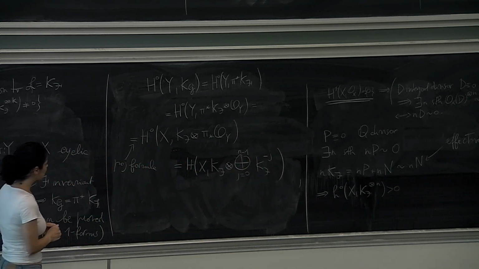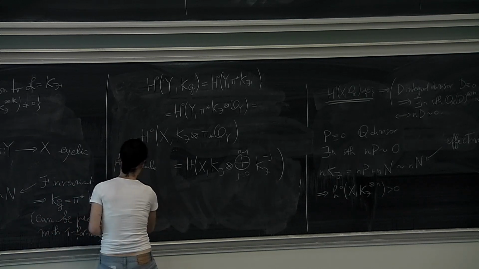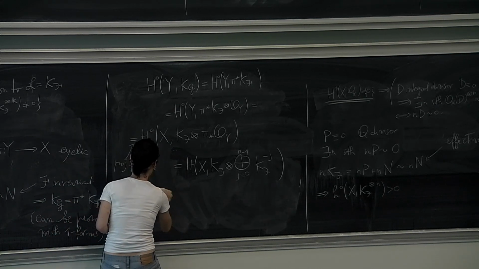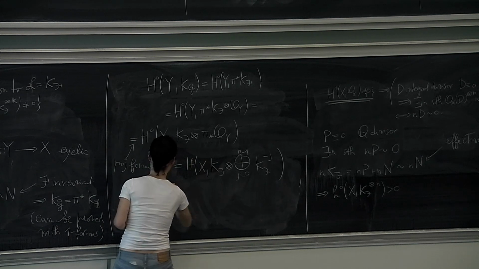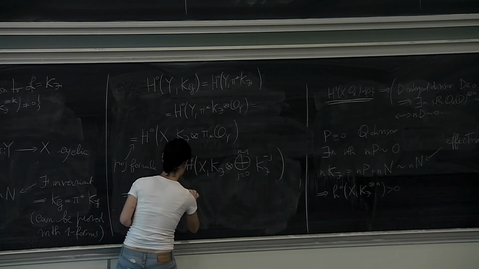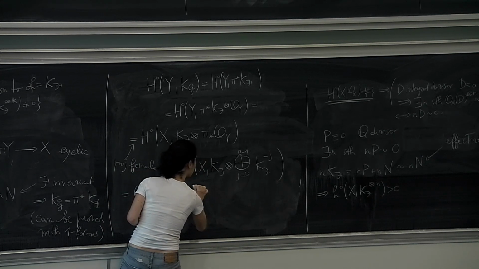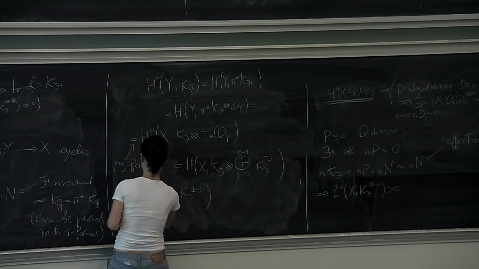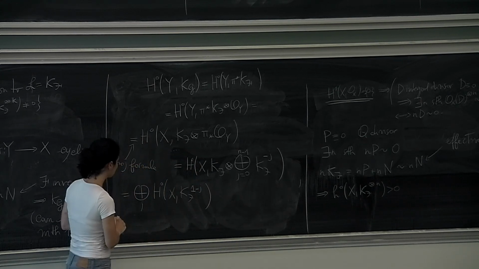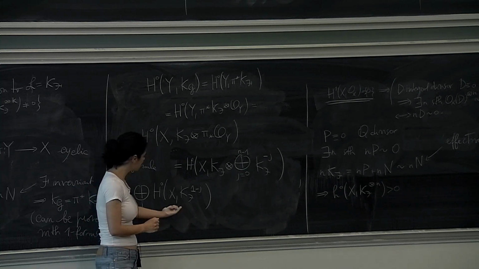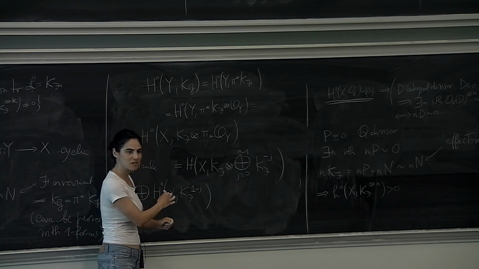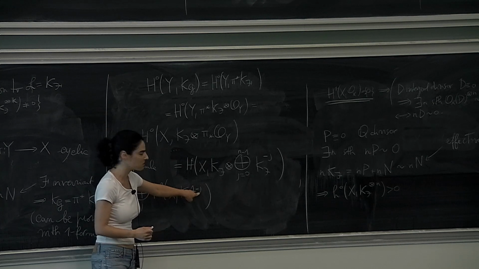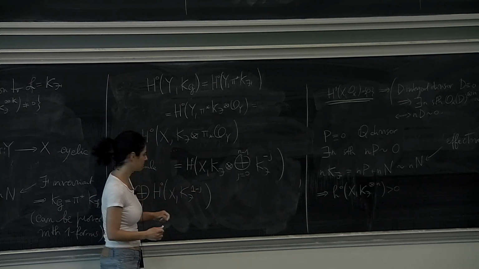Sorry, I'm being very, very pedantic here. So this is 1 minus j. Now this is non-zero because there is at least one summand which is non-zero, the one corresponding to j equal to 1.